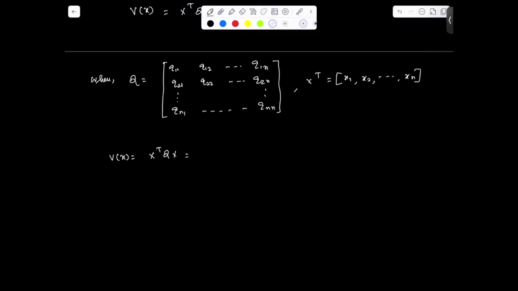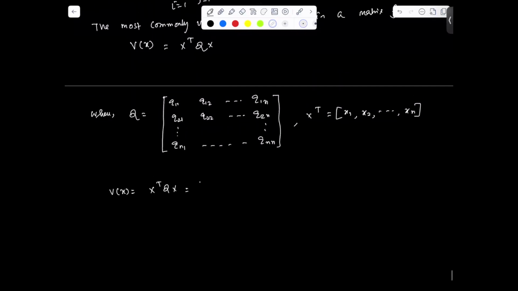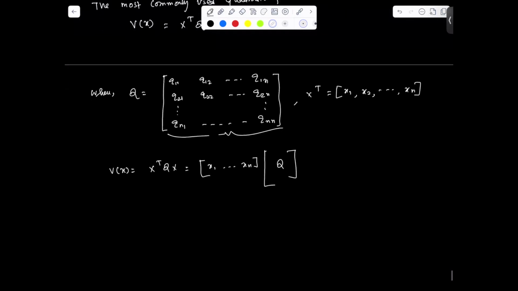Here we can write V of x equals x transpose Q x. We substitute x transpose, the matrix Q, and the vector x with entries x1 to xn.